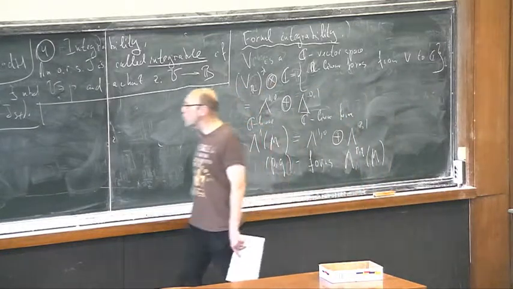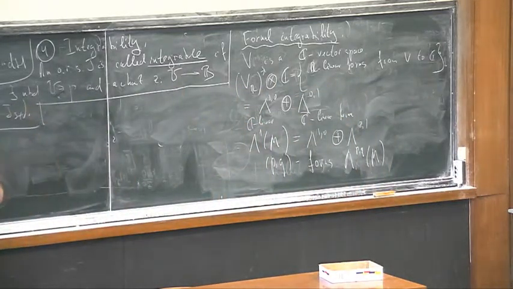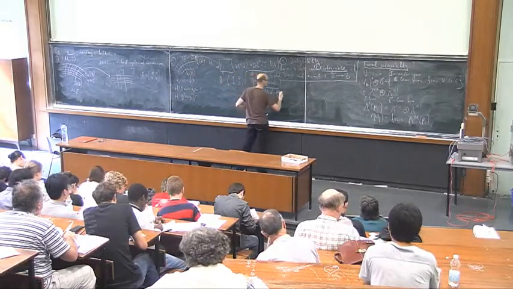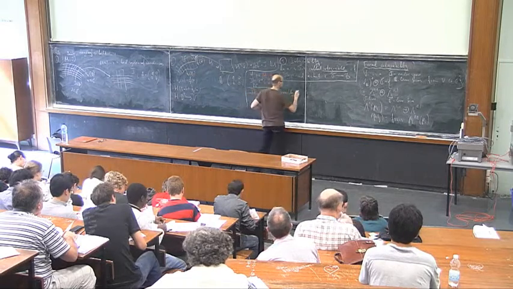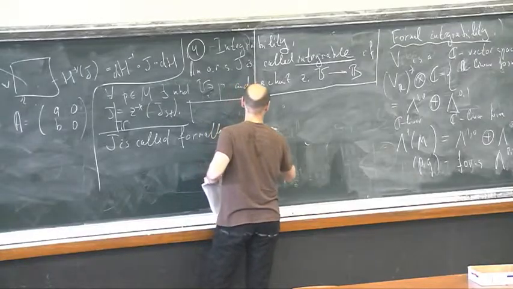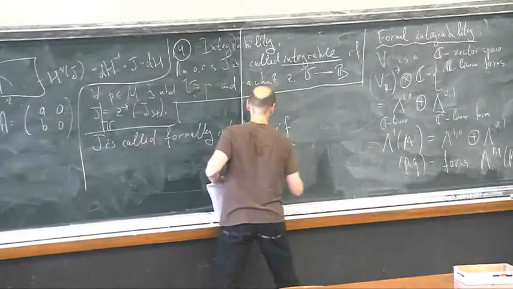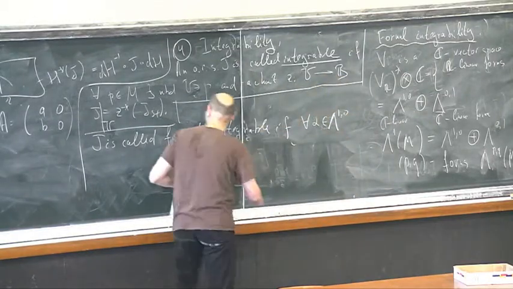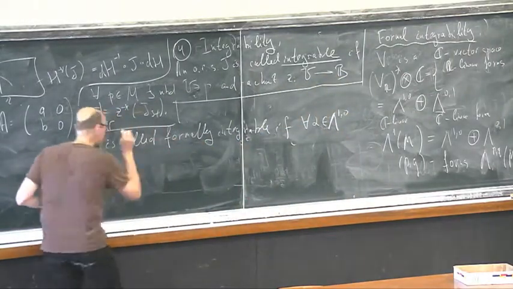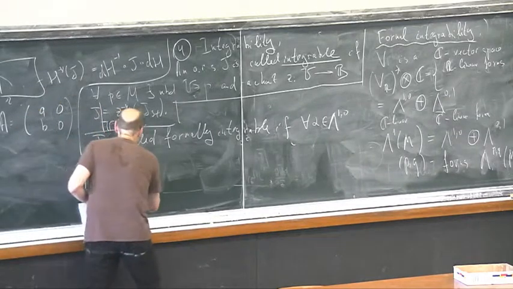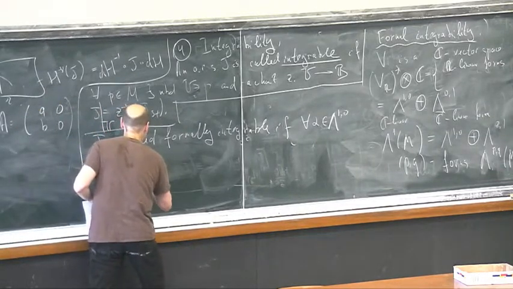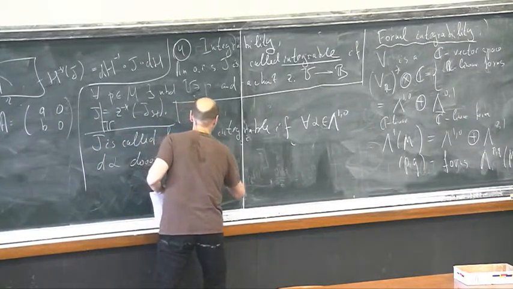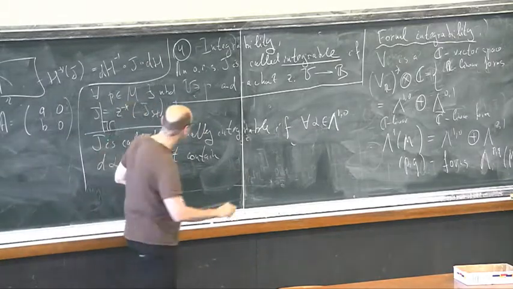And so the definition of formal integrability is the following. J is called formally integrable if for every form of type (1,0), its exterior derivative does not contain (0,2) terms.